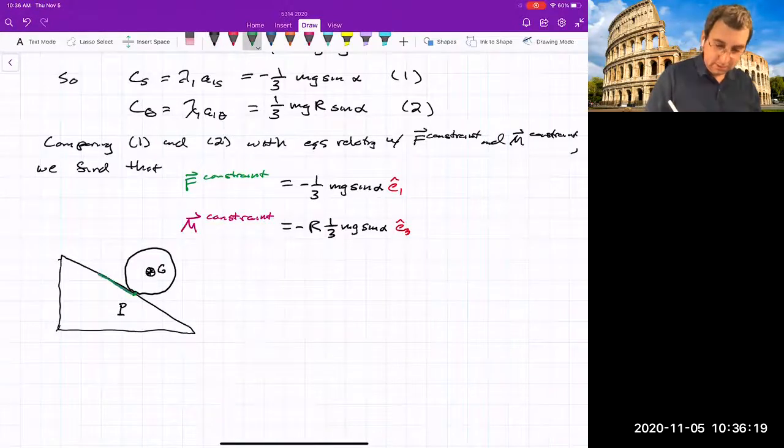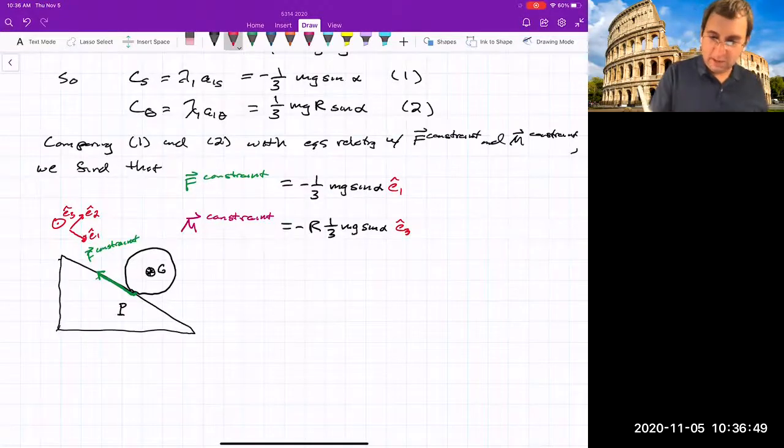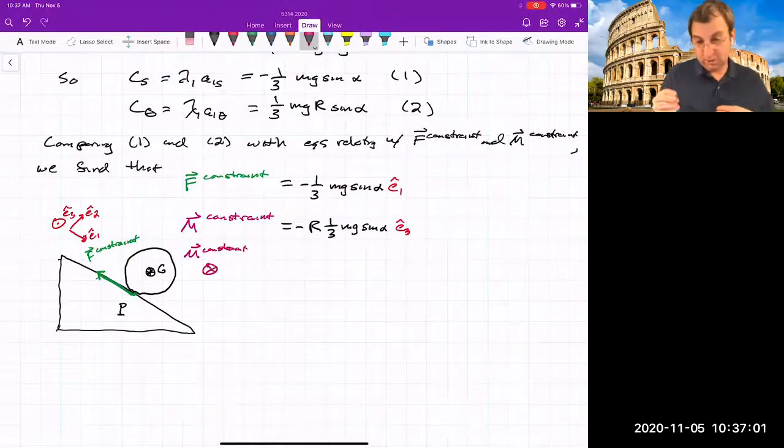So we could sketch the force of constraint there. And remember our directions. This is E1, this is E2, and then E3 coming out of the screen. So this says, as this is going downhill, the force of constraint is in the negative E1 direction. So it's resisting. And we have a moment. The moment of constraint is in the negative E3 direction. So I guess we could just draw it that way.